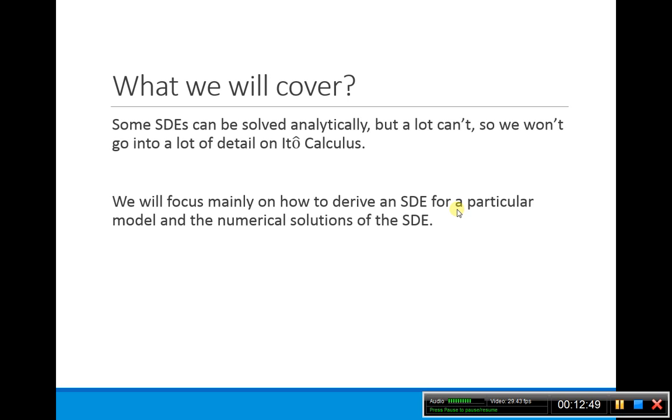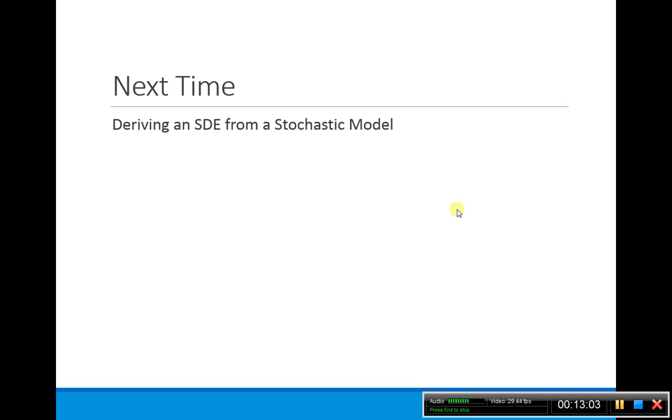We don't have time to go into that in this course, and so what we're going to focus on is the majority of those stochastic differential equations that can't be solved analytically, for which we would find numerical solutions. So what we're going to do next time is derive a stochastic differential equation using a continuous time Markov chain. And then we'll do that for a couple of lectures, talk about a couple of different examples, and then we'll go on and do a numerical implementation.